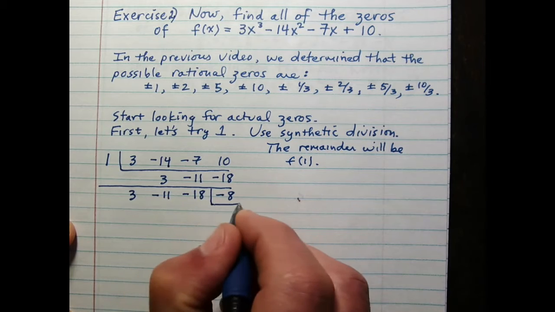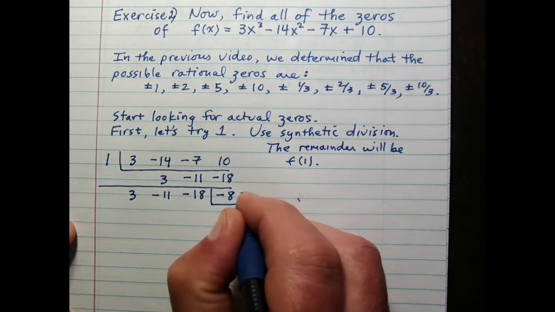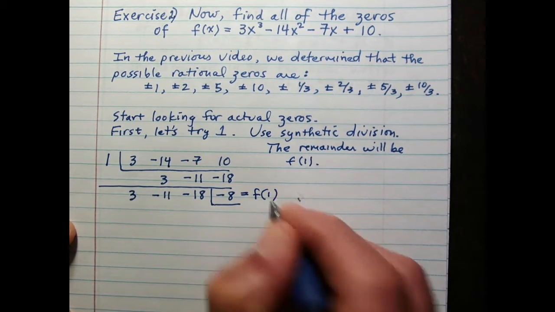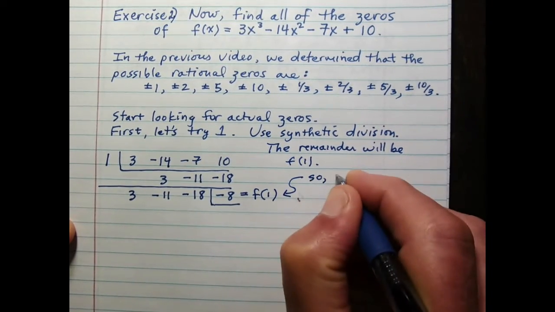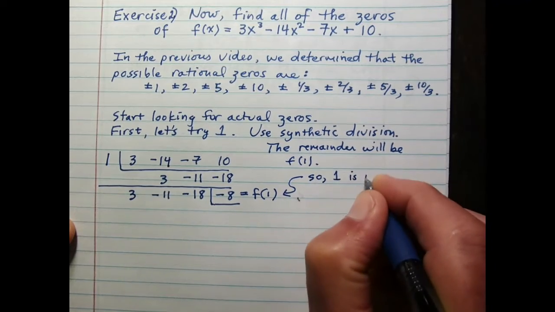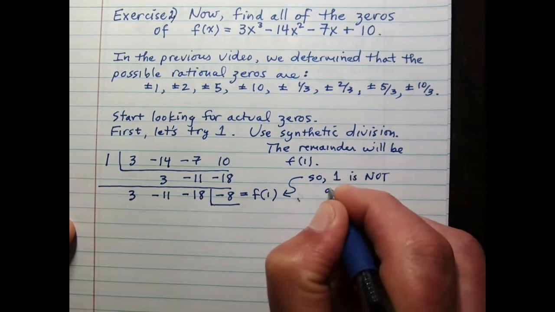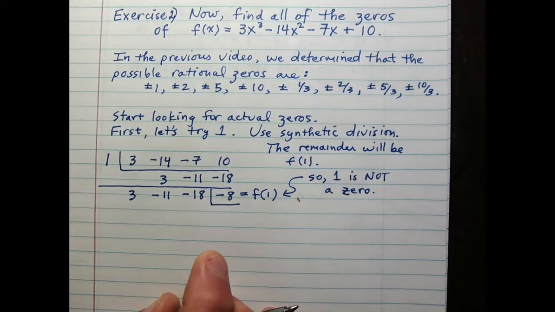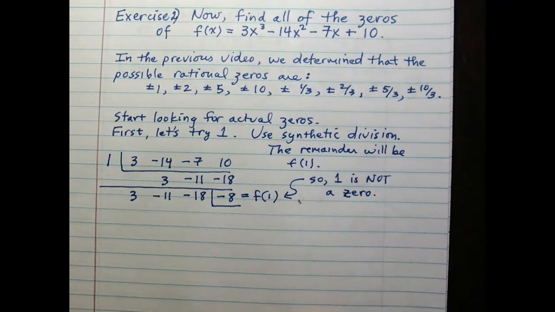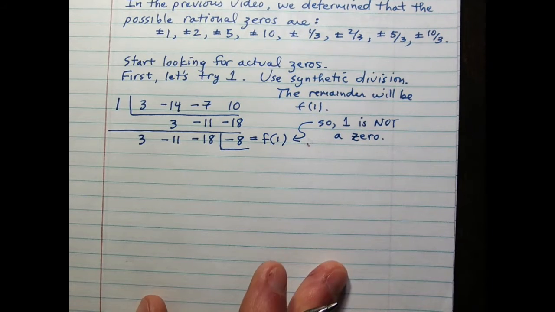So this last number that we got is the remainder. It's also equal to f of 1. And so what we can see is, 1 is not a zero because we didn't get 0. Okay, well, I feel a little bit bad, but I don't feel too bad because I'm going to keep looking.